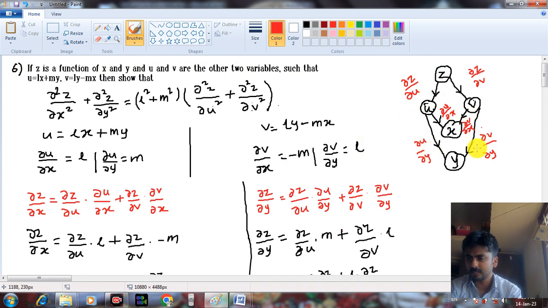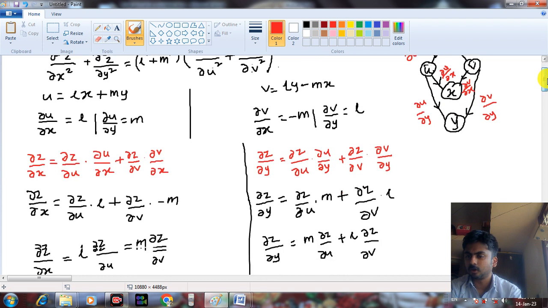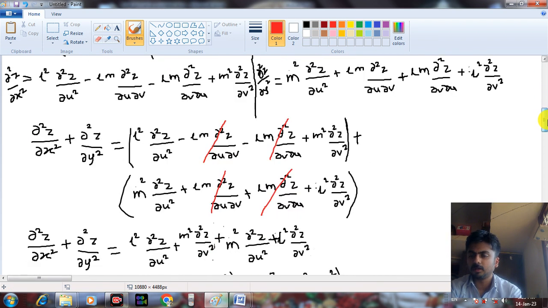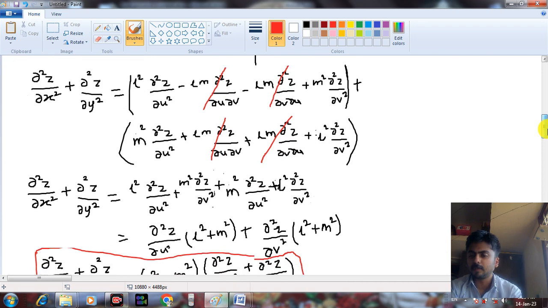So this is one of the formulas. Instead of z, there we will have f. Nothing is wrong with z or f, but we have to know how to get the formula if we are not able to memorize.